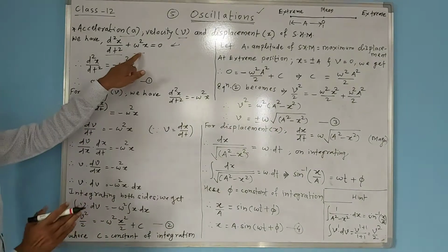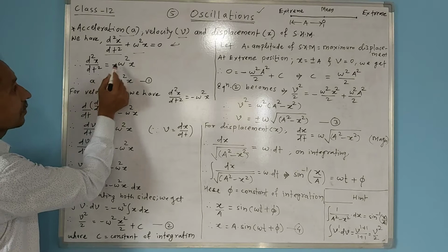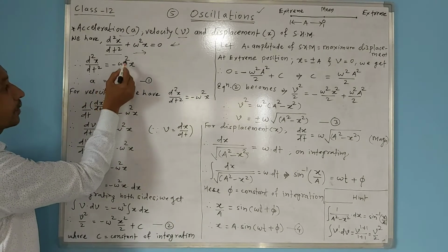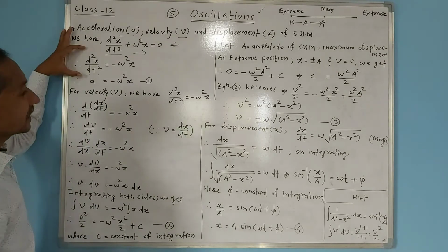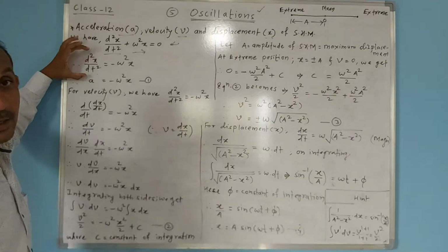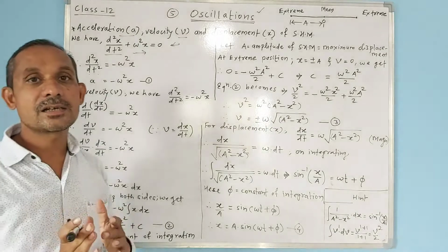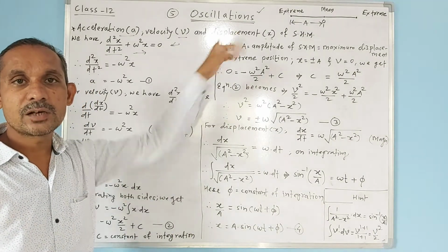So rearrange this equation: d2x by dt square is equal to, shifting this to the right hand side, we get minus omega square x. At the left hand side, d2x by dt square is only a single term. This term means the acceleration of a particle in simple harmonic motion.